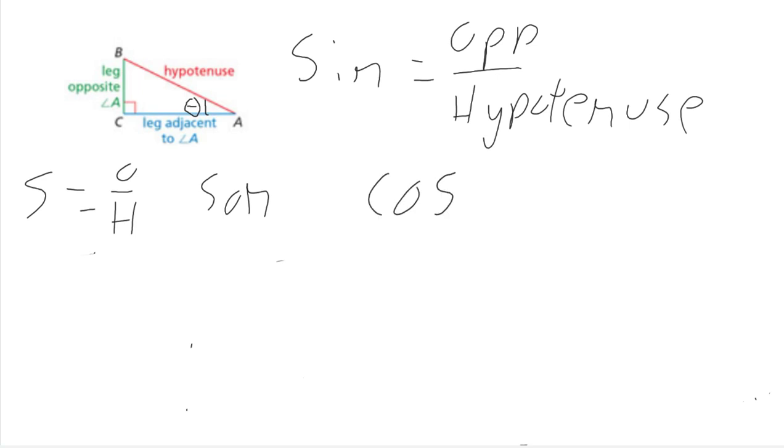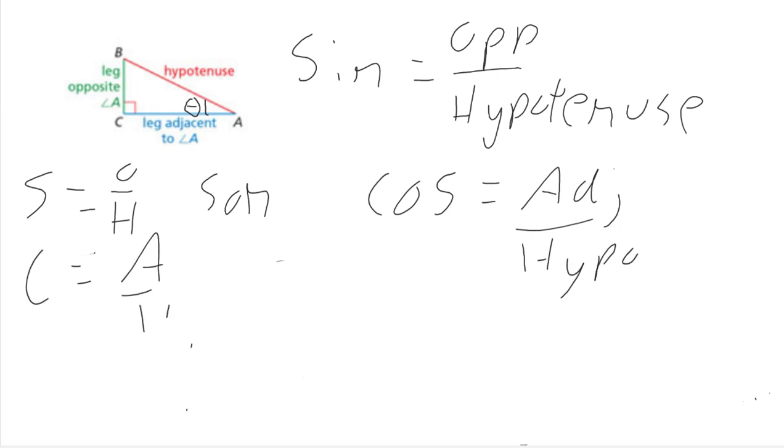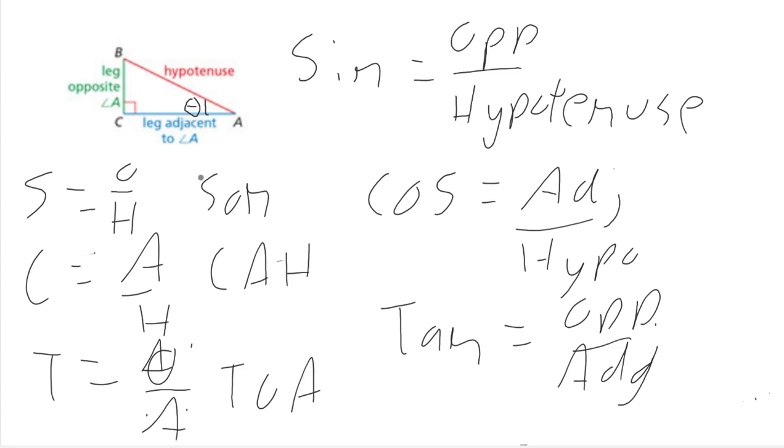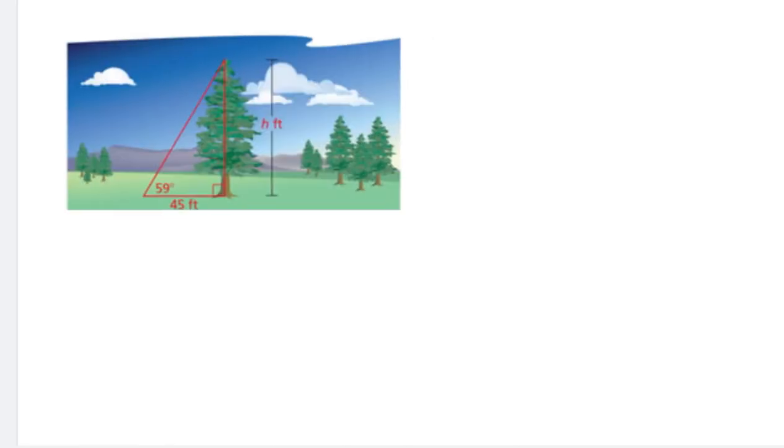Cosine is adjacent over hypotenuse, which is sometimes shortened to CAH. And then tangent is the ratio of opposite over adjacent, which is TOA. So the acronym to remember is SOHCAHTOA. Kind of sounds like a different language, but SOHCAHTOA is the catchphrase.